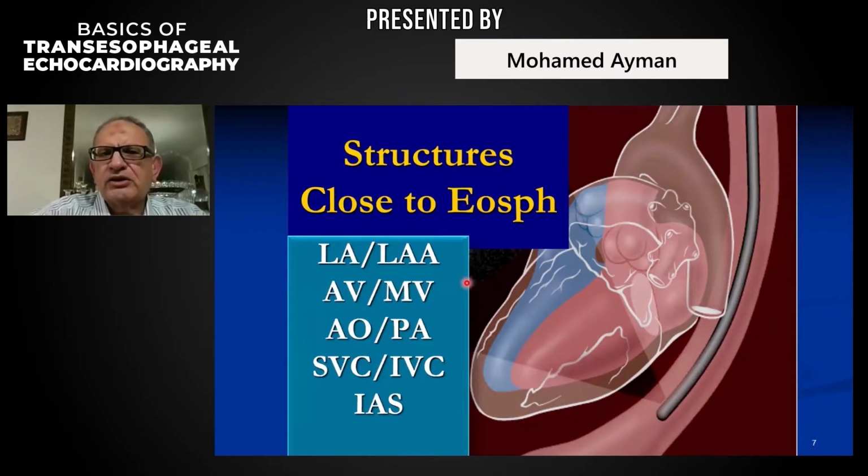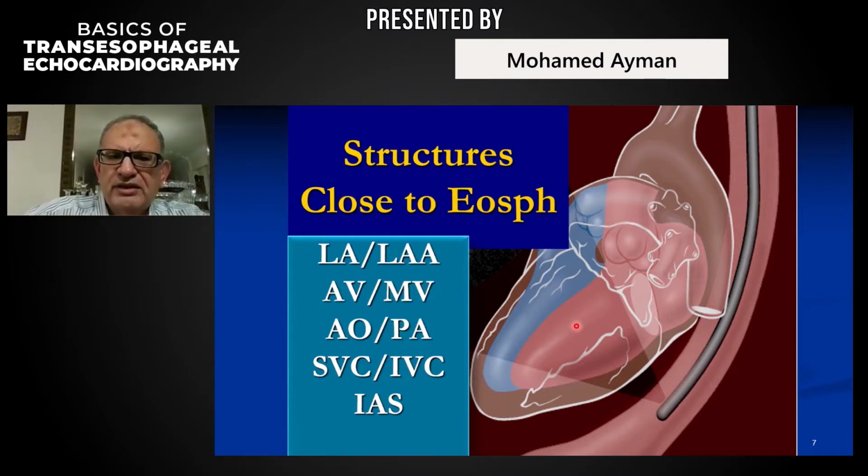So what are the structures which are close to the esophagus? We have here the left atrium and the left atrial appendage. And we have here the mitral valve in this position and the aortic valve. Also, we can see good portions of the aortic root, the arch of the aorta, and the descending thoracic aorta.